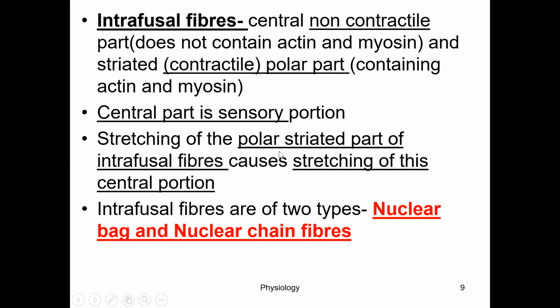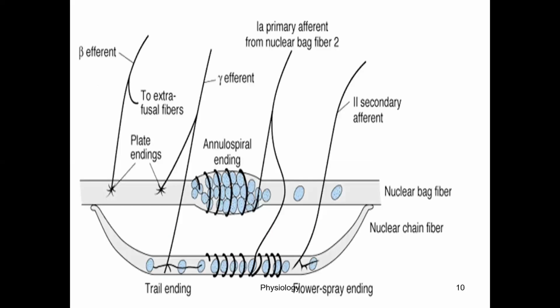While stretching of the polar, that is the peripheral striated part of the intrafusal fibers, causes stretching of this central portion. That means it causes stimulation of the central component. As I have told you, the central component is the receptor component, that is the non-contractile component. Okay, and this peripheral component is the contractile component. It contains actin and myosin.